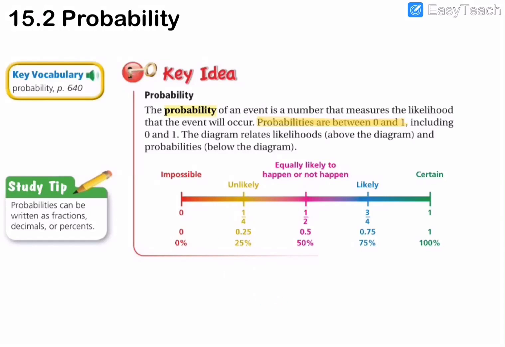If something is a 50% probability, then it is equally likely to happen or not happen. And these are the terms you would use when describing likelihood. If something is 75% probability, it's likely to happen. And if something is 100% probability, it is certain that it's going to happen. Okay, so think about these terms when you're working on your assignment today.